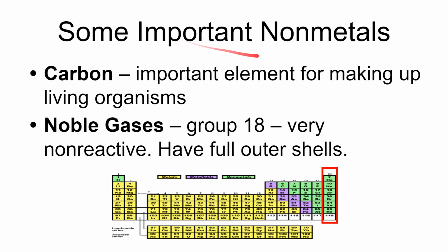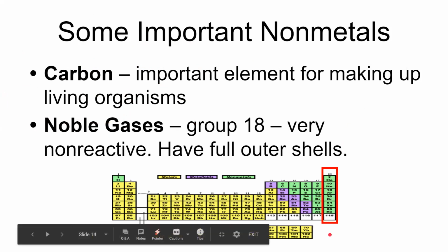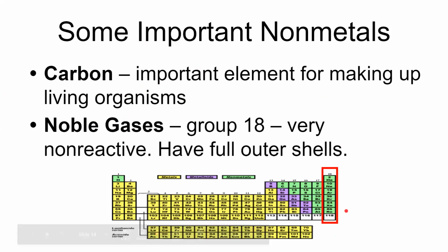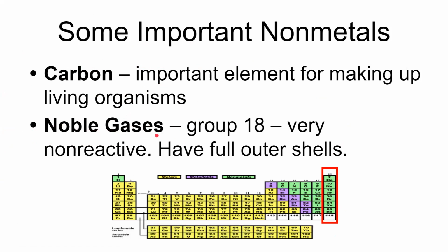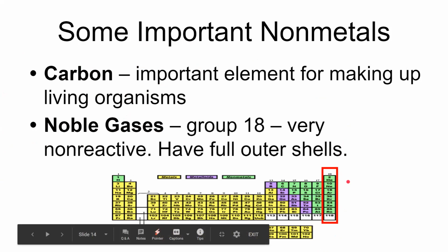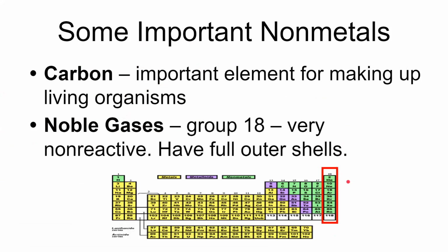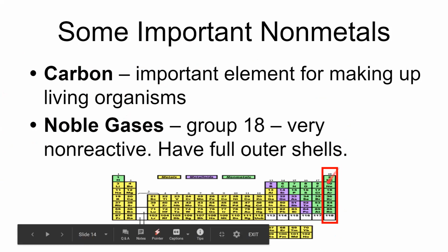And then finally, just one interesting note, that very last column, those guys in column 18 that do almost no reacting with anything else, they have an interesting name: the noble gases. When scientists were first studying them and first determining that they were not willing to react with other elements, they started to think of these gases as being very high society, very noble and snotty, and being like, oh, well, we're too important to mingle with all of these other elements over here.